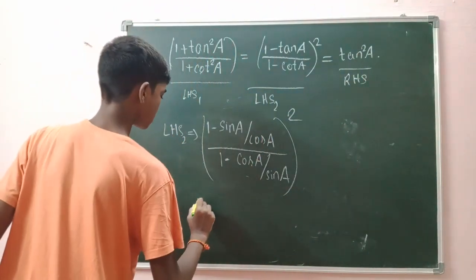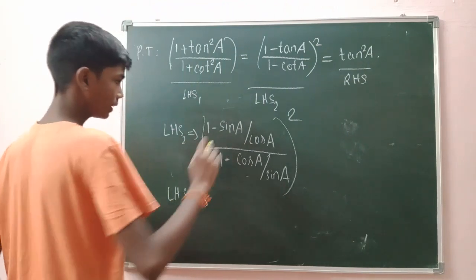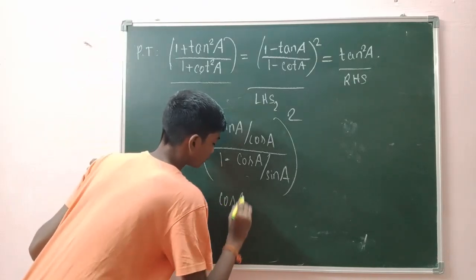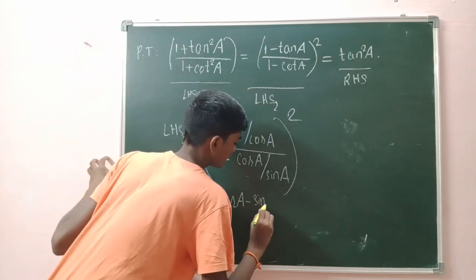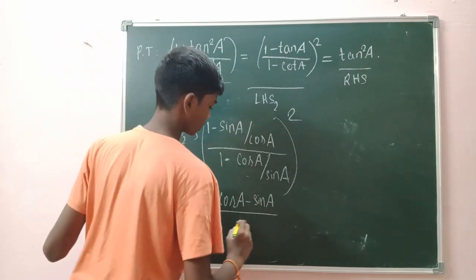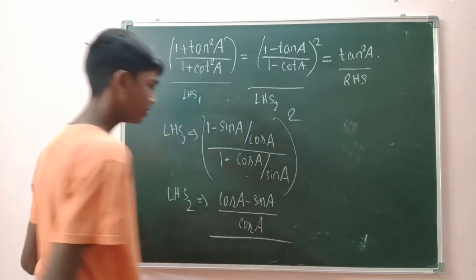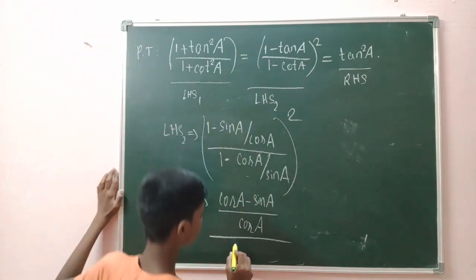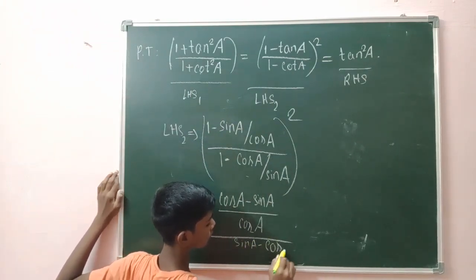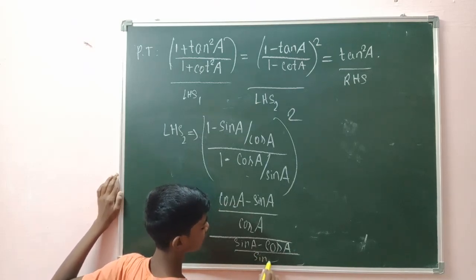Okay, so 1 minus sin A by cos A, it will be 1 minus cos A by sin A, the whole square. This I can write as, just take the LCM, therefore LHS2 is nothing but, when you take LCM, you get cos A minus sin A divided by cos A, divided by sin A minus cos A divided by sin A. This is what I will get.